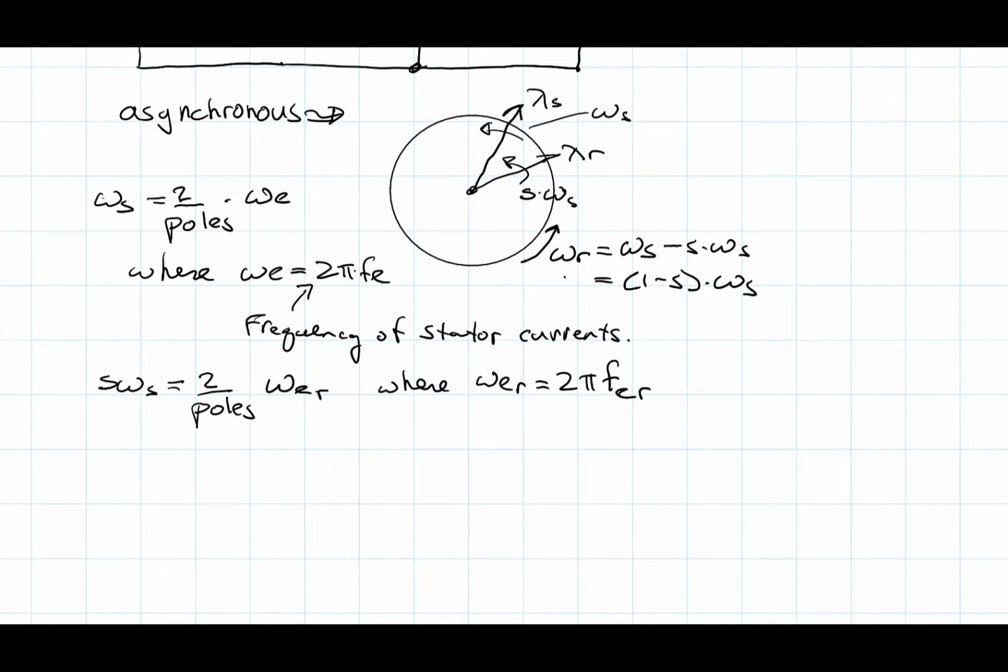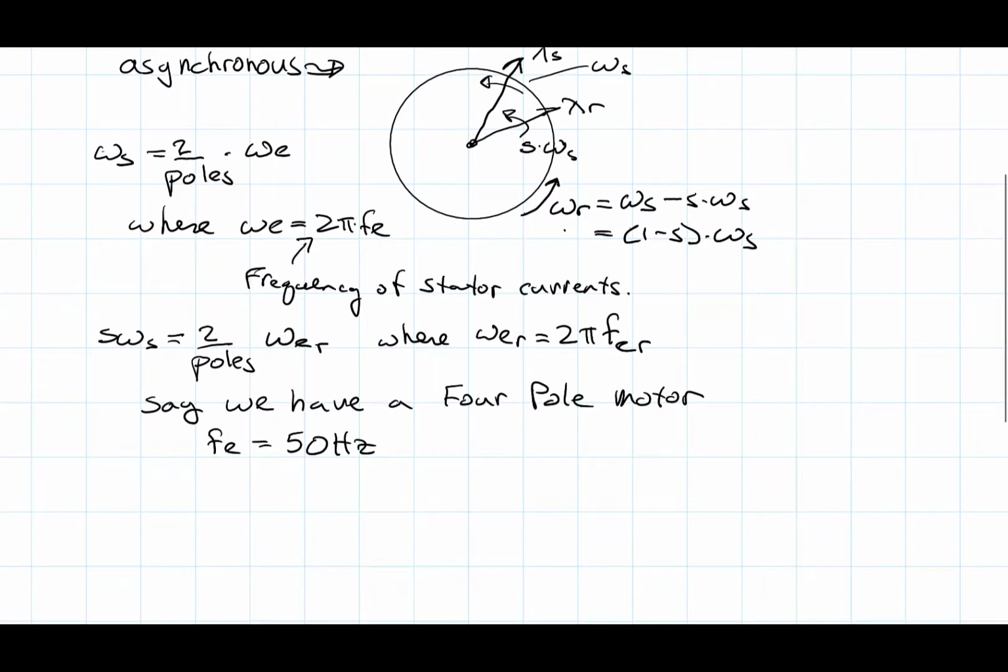So what we mean by this is, let's just say we have a 4-pole motor. The electrical frequency of the stator is, I'm going to use 50 hertz. Let's just mix it up a little bit.